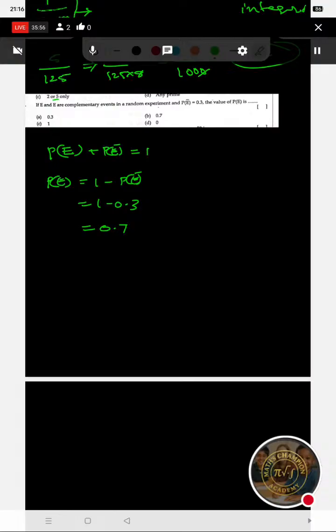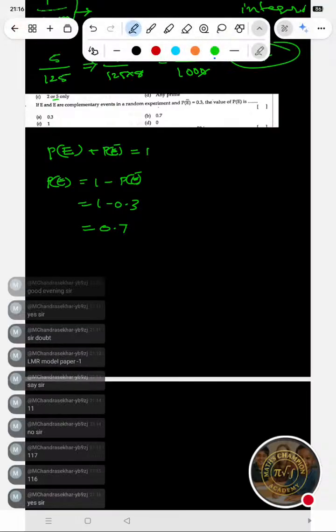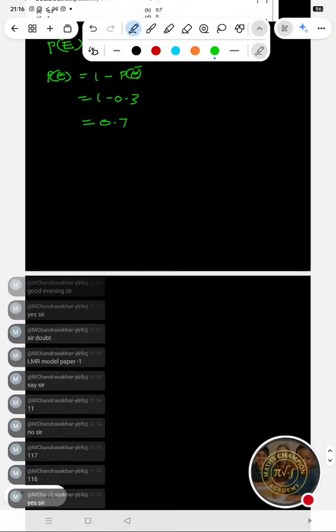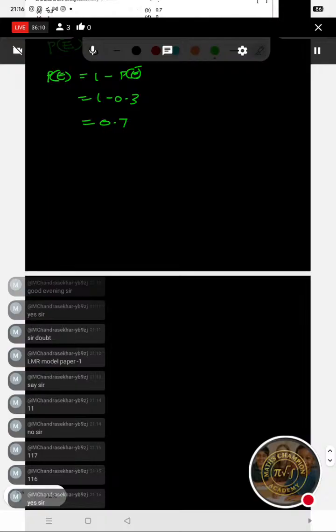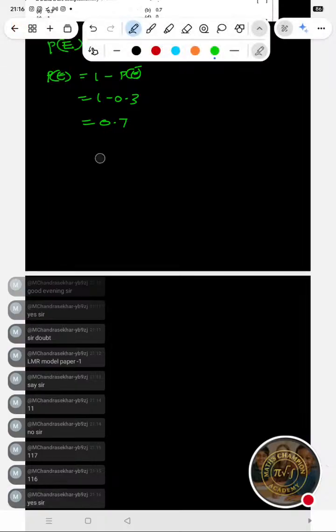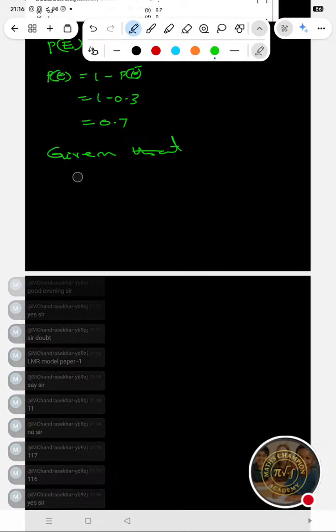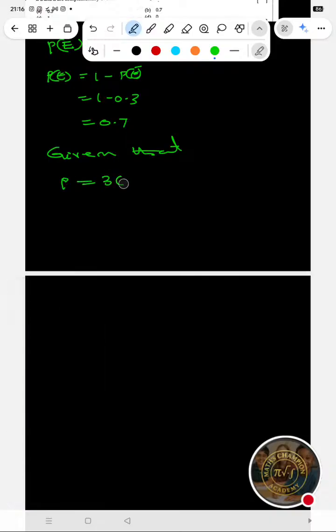Find the dimensions of the rectangle. Okay, look, I will explain. What is given? The perimeter is given for a rectangle. Perimeter is 36 centimeter and area is 65 centimeter square.